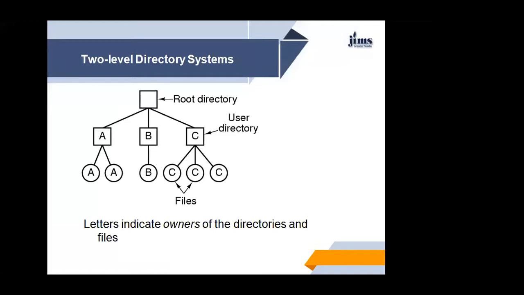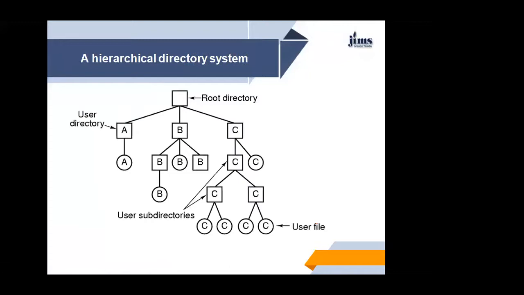Let us indicate the owners of the directories and files. Now the hierarchical directory structure: there will be a root directory, user directory, then the user subdirectories may be there, then the user files.